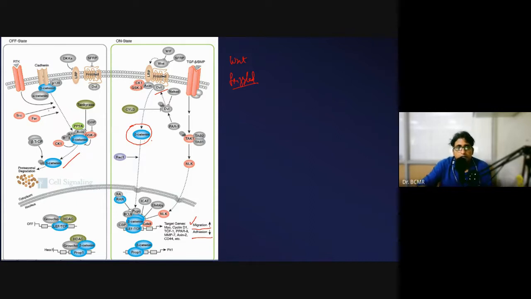Just for revision, if Wnt is not present, then Frizzled is not active and it does not activate DVL.